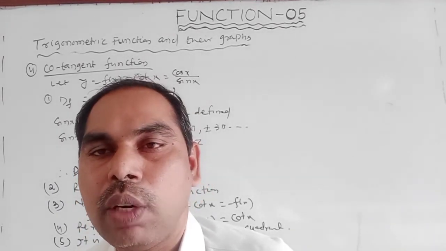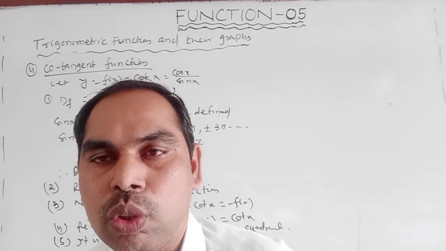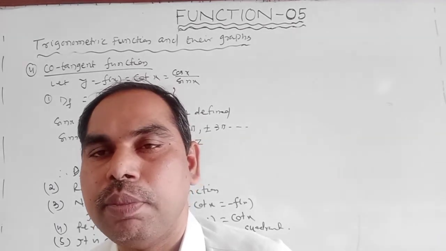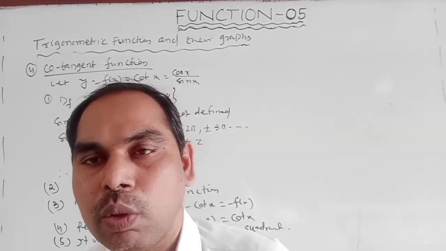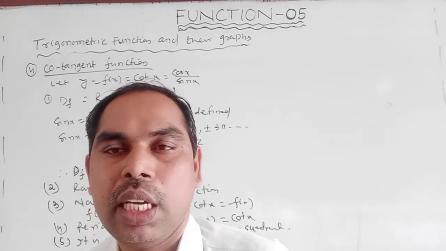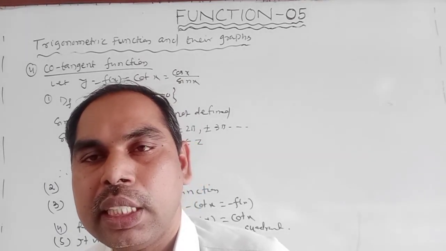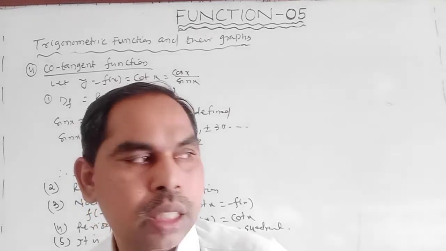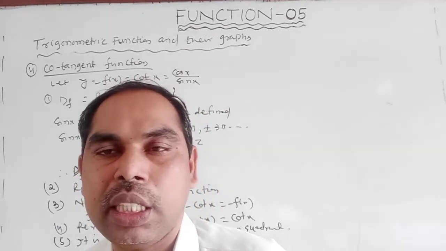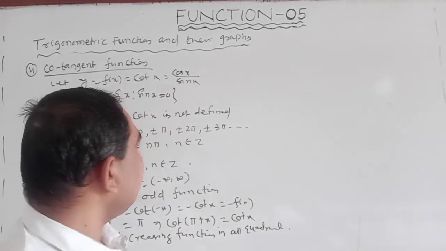In the second quadrant it decreases from 0 to minus infinity. In the third quadrant it decreases from infinity to 0, and in the fourth quadrant it decreases from 0 to minus infinity, okay. Now look at this.